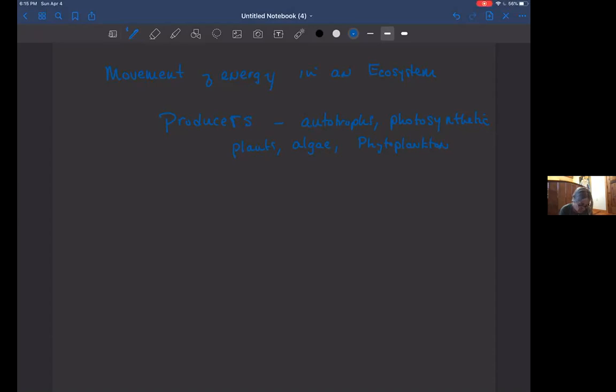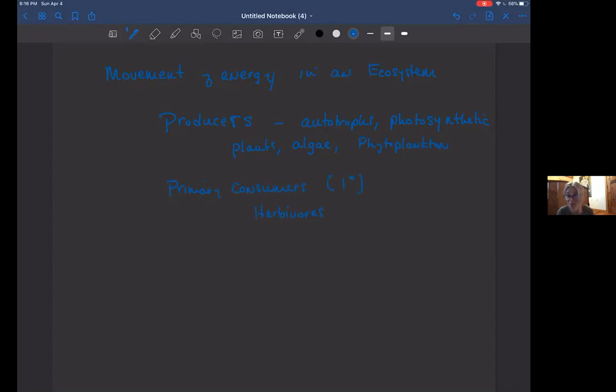Then we have primary consumers. You could write them as primary, that's a 1 with a little 0 at the top. These would be the herbivores. So these would be things that eat plants. For example, grazing animals like cows would be examples of herbivores.